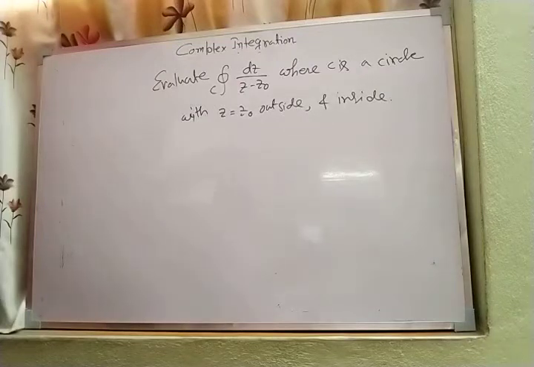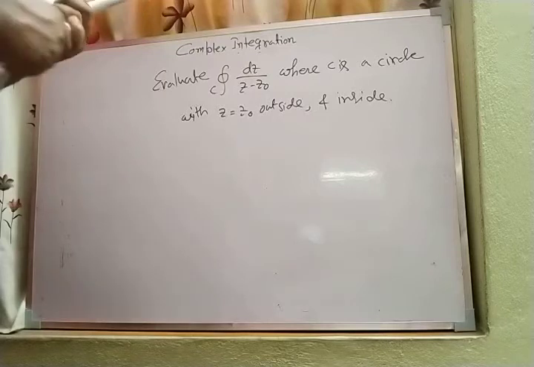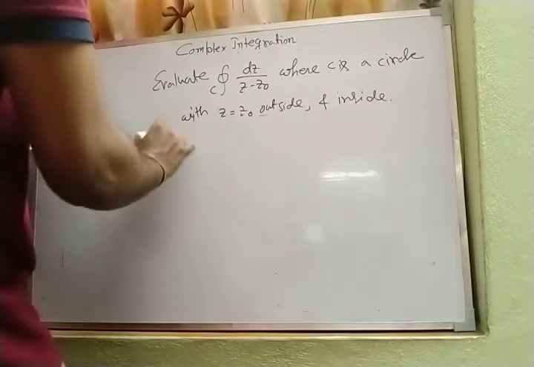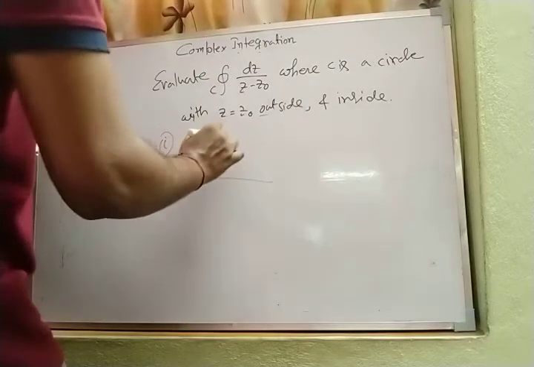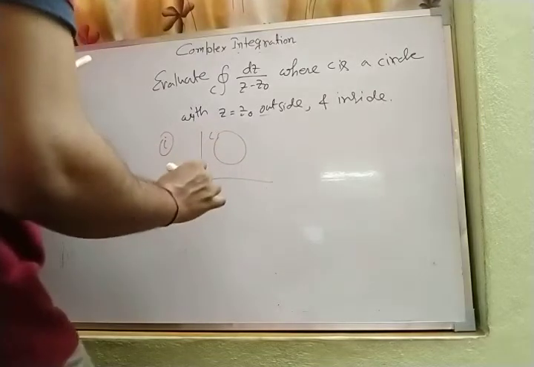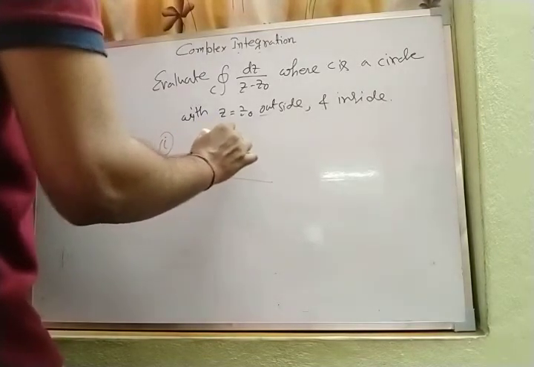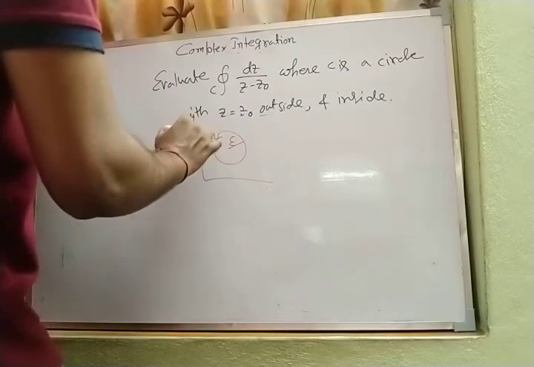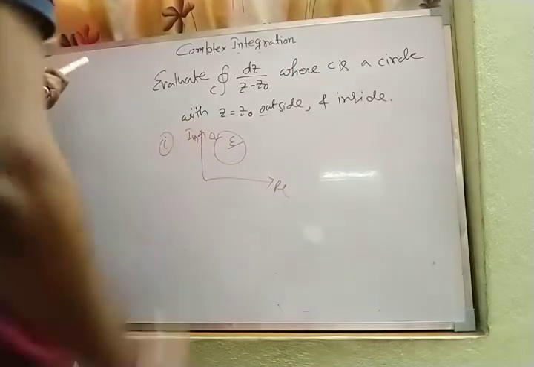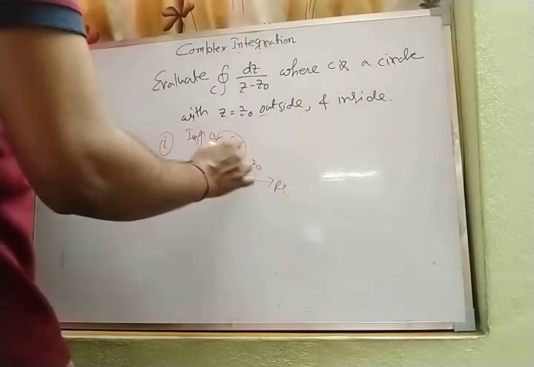So we can draw the Argand diagram for the first case, case 1. So this is a region C, and it is connected, and let the radius be epsilon. Okay, it is the imaginary and it is the real part, and z0 is outside.